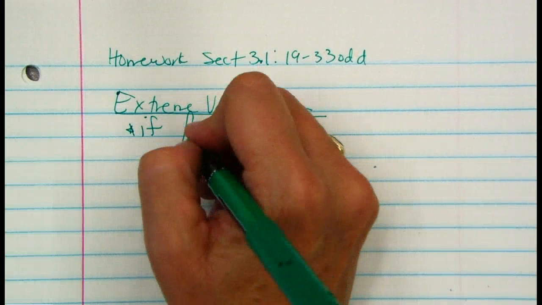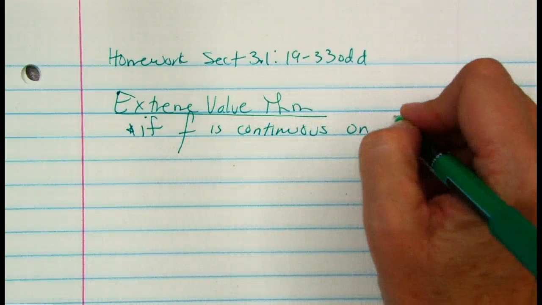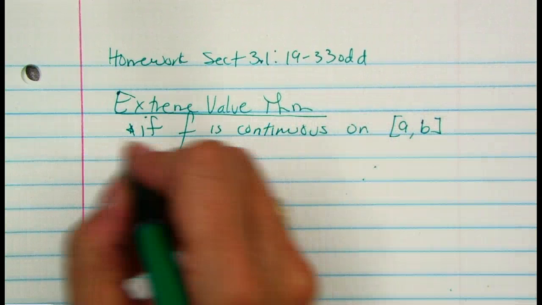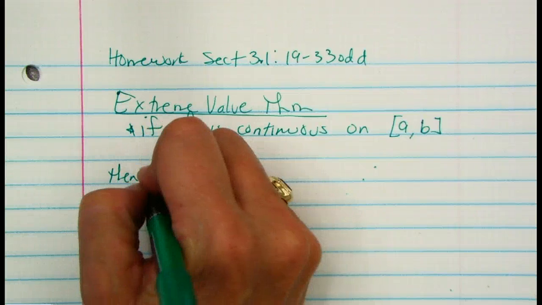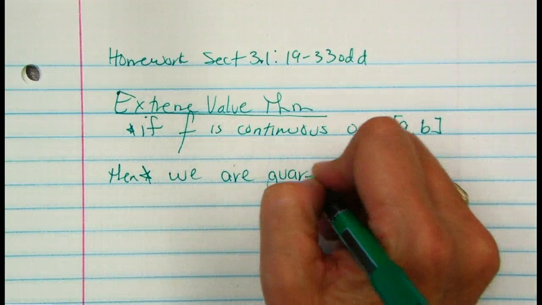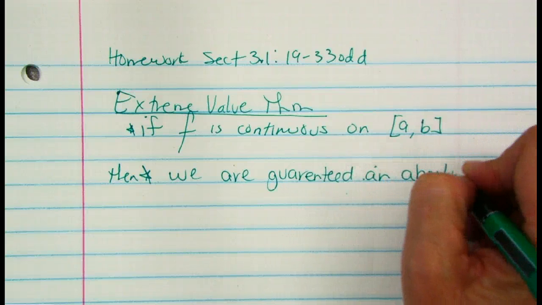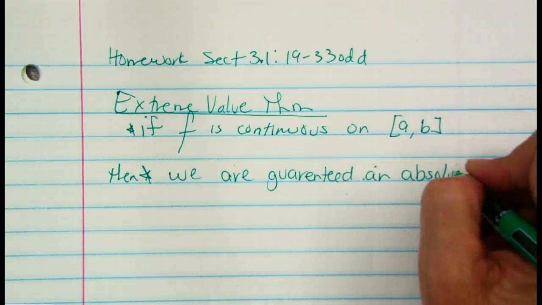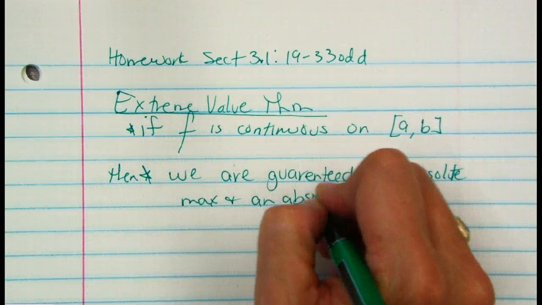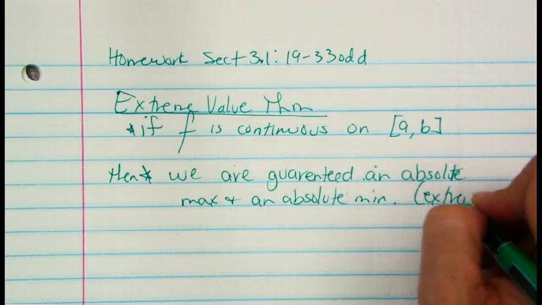If f is continuous on the closed interval, it's not open, it's closed, you actually use the endpoints, closed interval a and b, then we are guaranteed an absolute max and an absolute minimum, which are called our extremas.